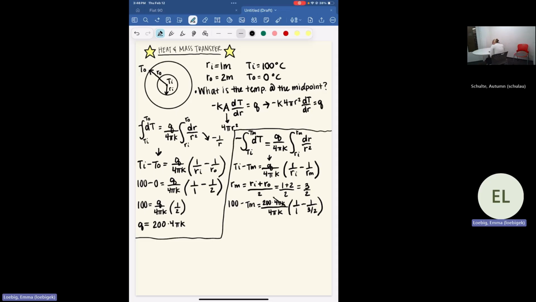Simplifying this, we can see that our 4 pi K terms cancel, and 1 minus 1 over 3/2 is equal to 1/3.